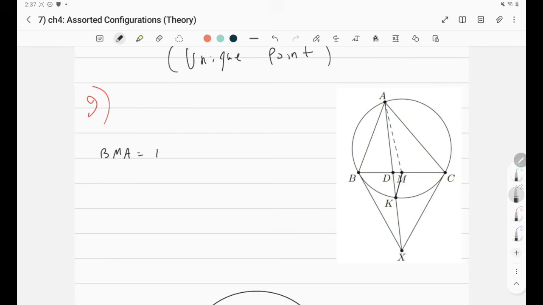BMA is equal to 180 minus AMC, which is equal to 180 minus, and remember AMC we can just map it to ABK from this similarity, and then ABK, we can just say it's 180 minus ABK. We can take it into two parts, ABC plus CBK.